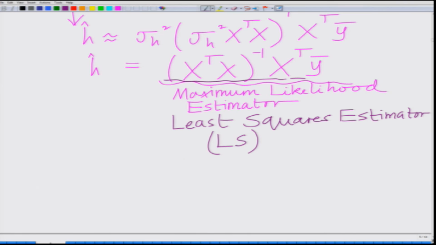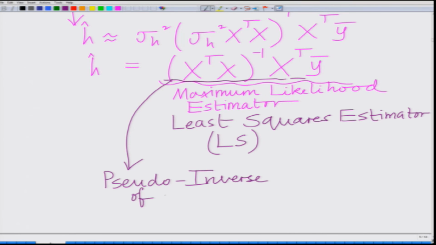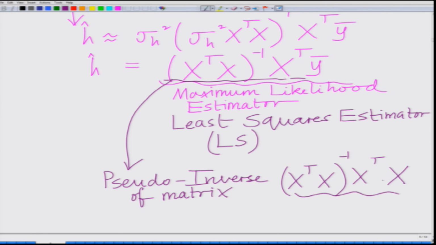And if you look at this quantity, x transpose x inverse x transpose, this is known as the pseudo inverse of the matrix X. Reason being, if you multiply x transpose x inverse x transpose by x, you have x transpose x inverse into x transpose x, which is equal to identity.